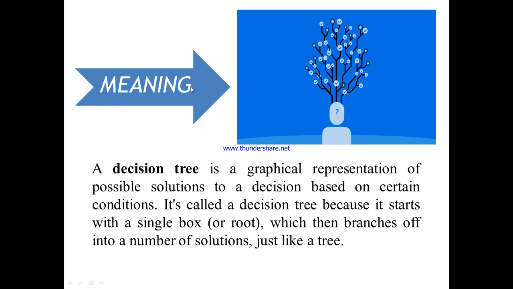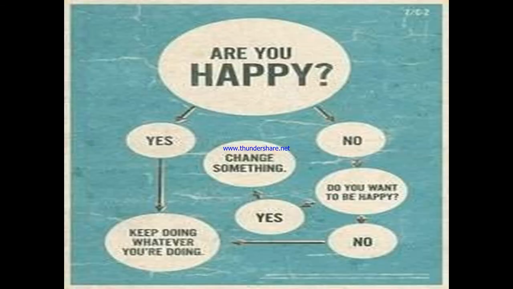What is the meaning of tree? A decision tree is a graphical representation of possible solutions to a decision based on certain conditions. It's called a decision tree because it starts with a single box or root, which then branches off into a number of solutions, just like a tree.